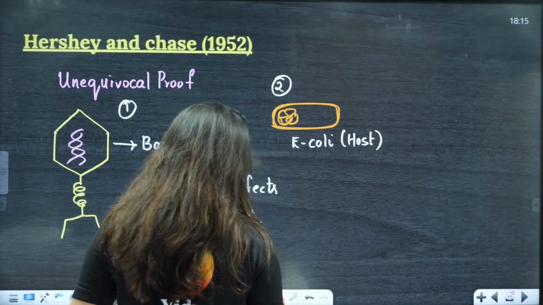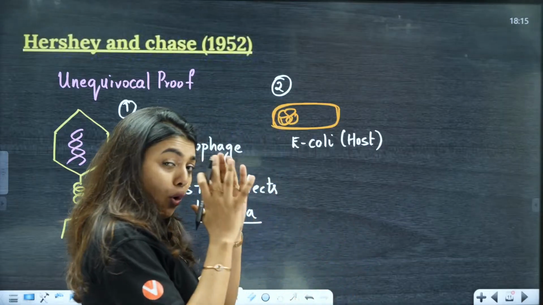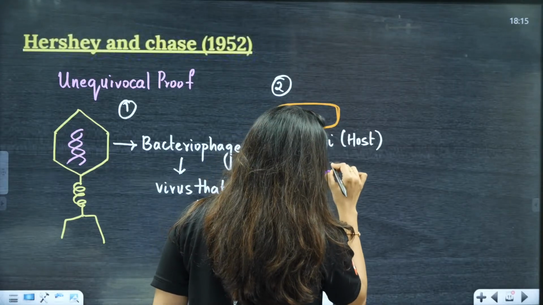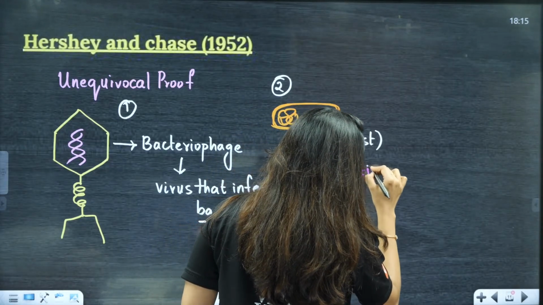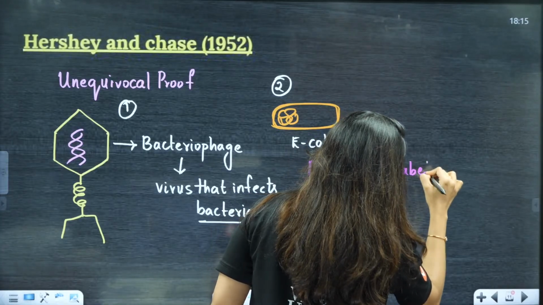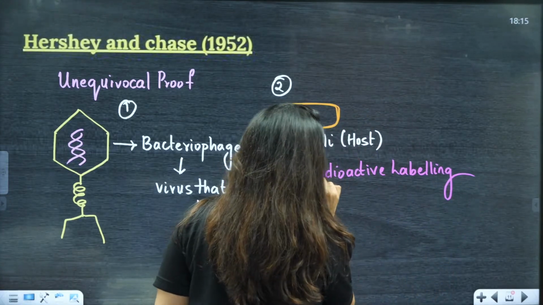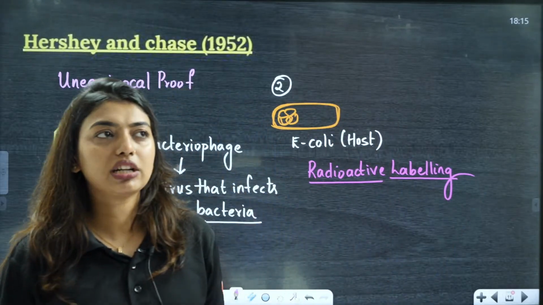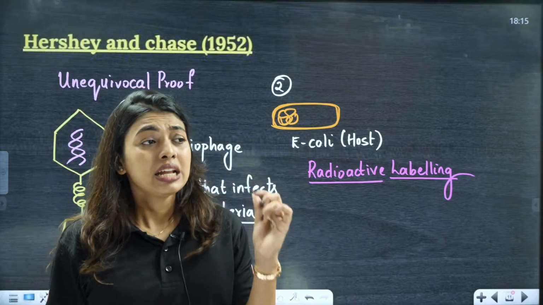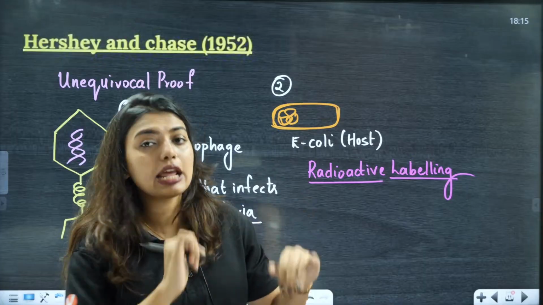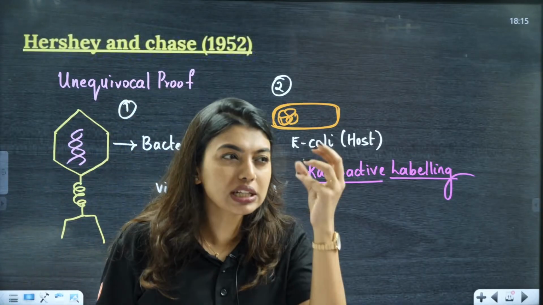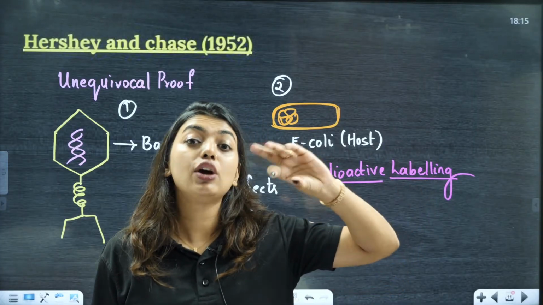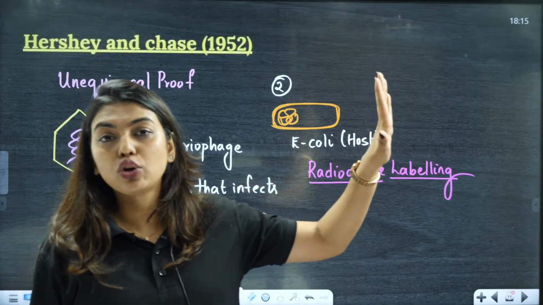Now they used three main steps. The most important step, students, is called radioactive labeling. Radioactive labeling means, when we do an experiment, we cannot label with a pen or marker. If I want to know what exactly is inside it, I have to do radioactive labeling. I have to use radioactive probes to see it under autoradiography.